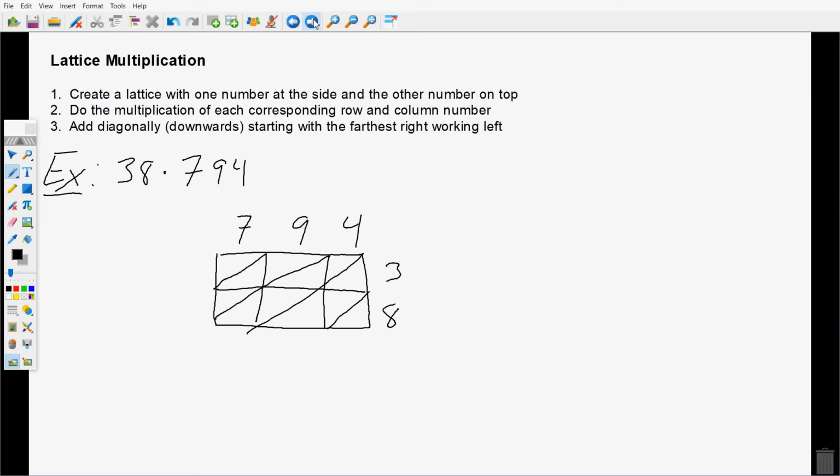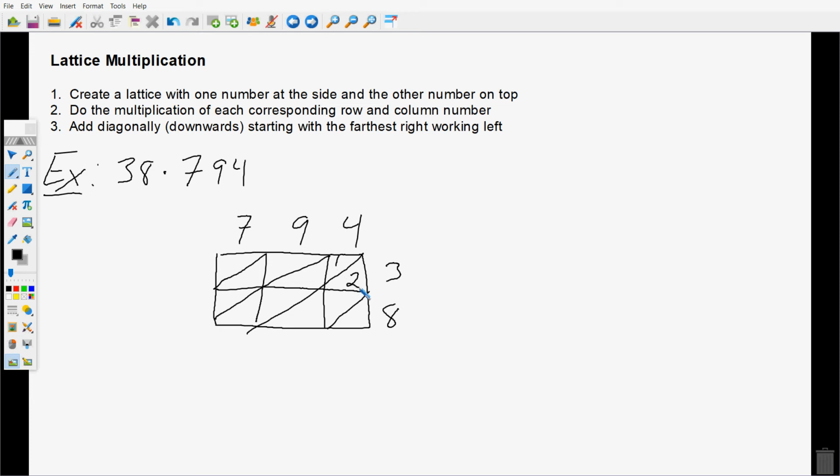Now I'm going to need to do the multiplication of each corresponding row and column. It does not matter where you would start, you'll have to end up multiplying everything. Now I'll start off with 4 and 3. Well, 4 times 3 will give me 12. So I'll put a 1 in that part of the box and a 2 in that part of the box.